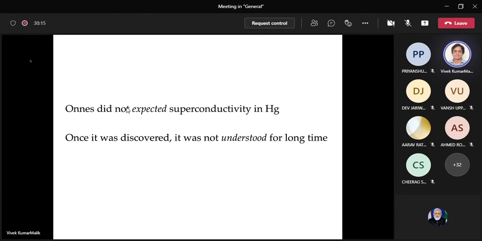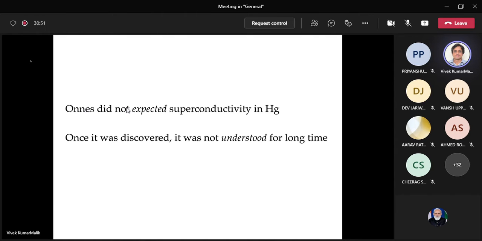He was working on liquefaction, and then he started to work on how the electrical resistance of different materials behaves at very low temperatures. Once he had the availability, he started to work on this other problem, studying the electrical resistance of metals at very low temperature, close to 0 Kelvin.